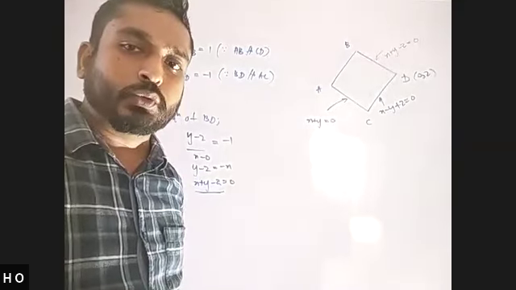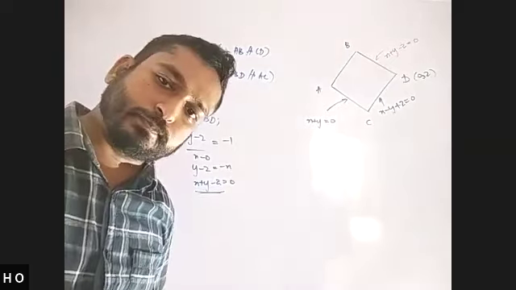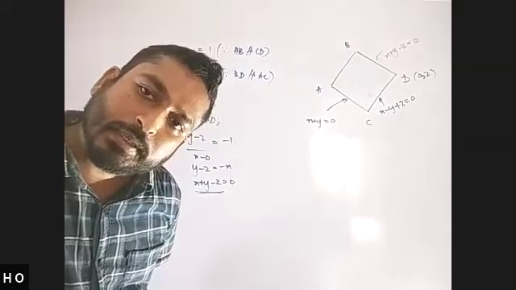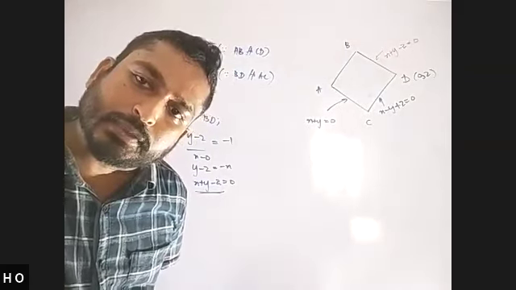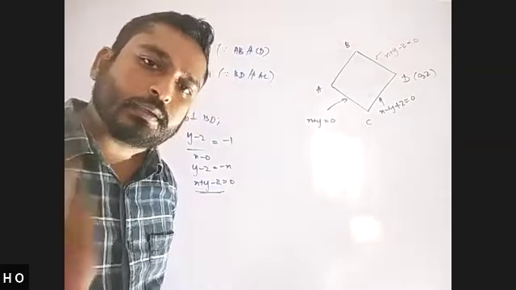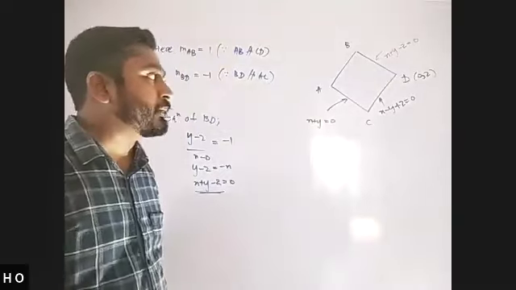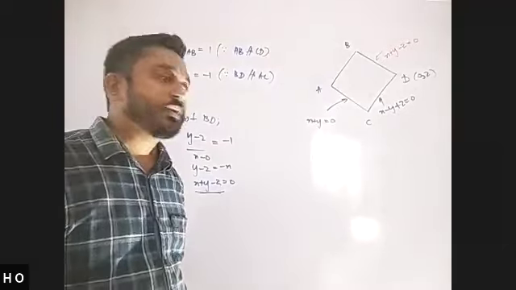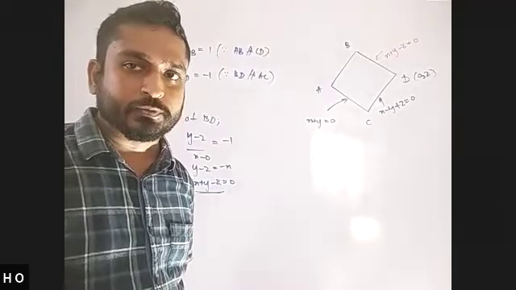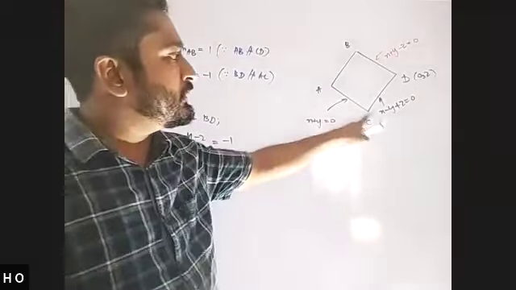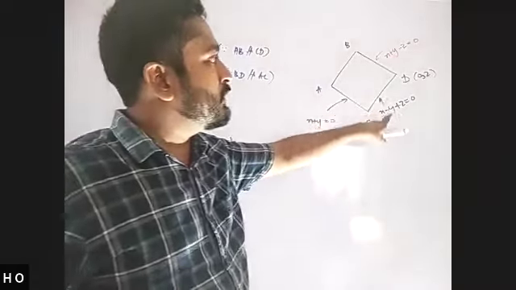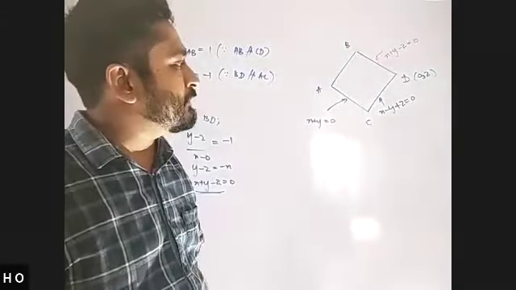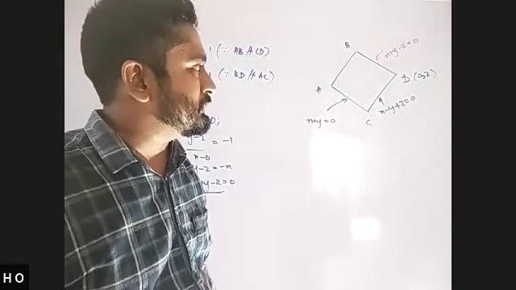Think what we need to do. There is one suggestion: can't we find the points A and B and then find the equation of the line? Obviously, by solving these two, you can find C, and by solving these two, you can find D. D is already known, so you can find only C yet.